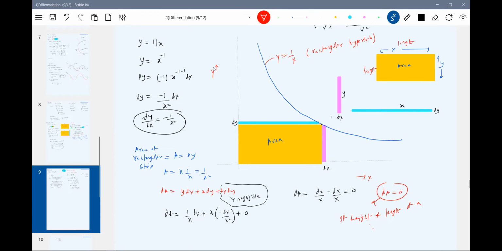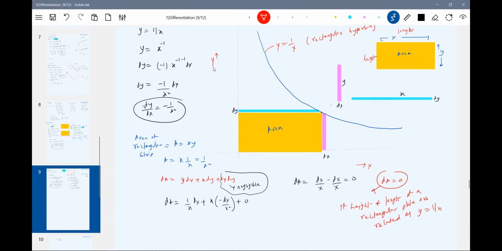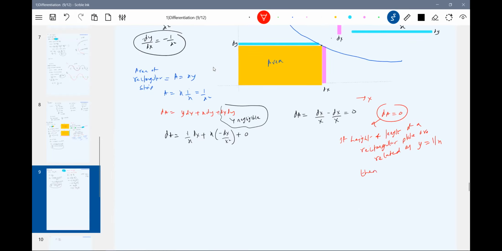If the height and length of a rectangular plate are related as y equal to 1 by x, then the change in area will be 0, though y and x change, though height and length change.